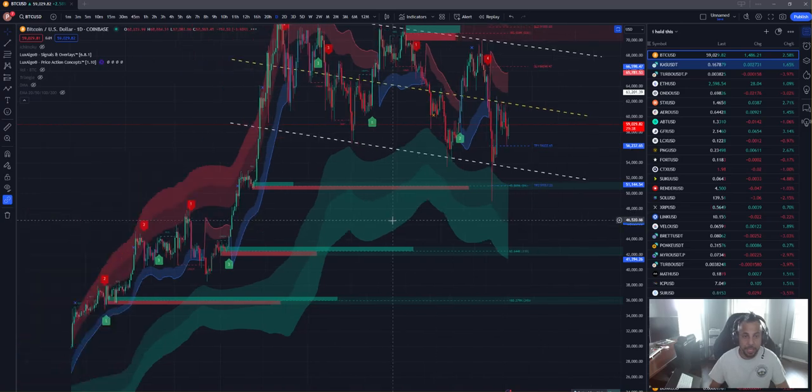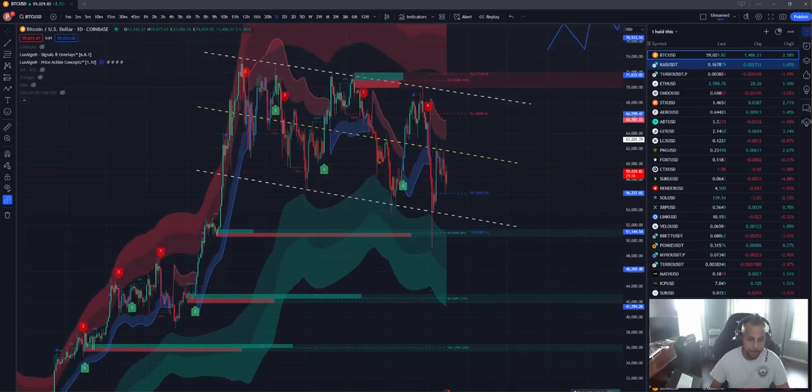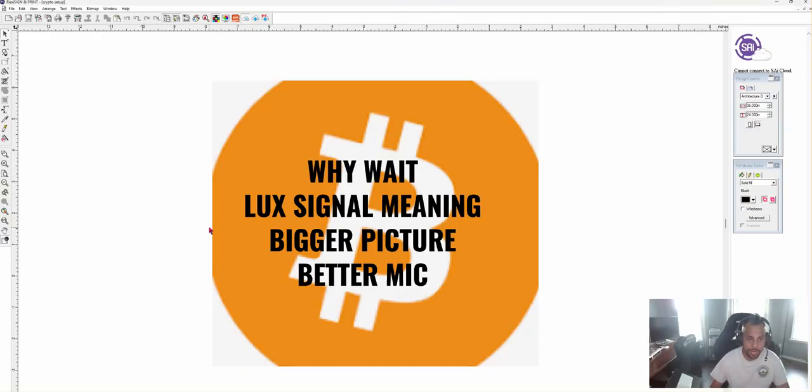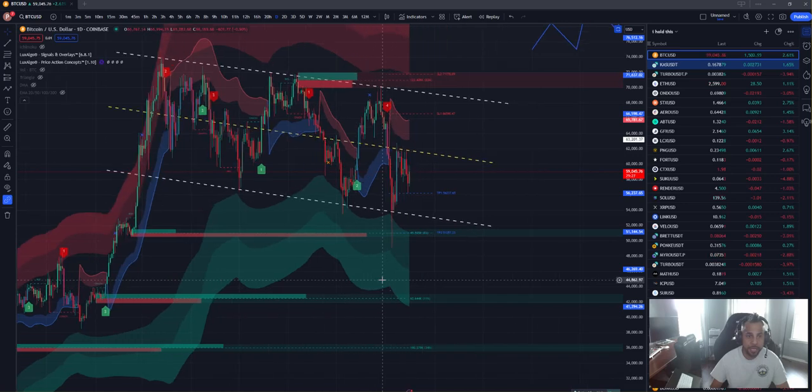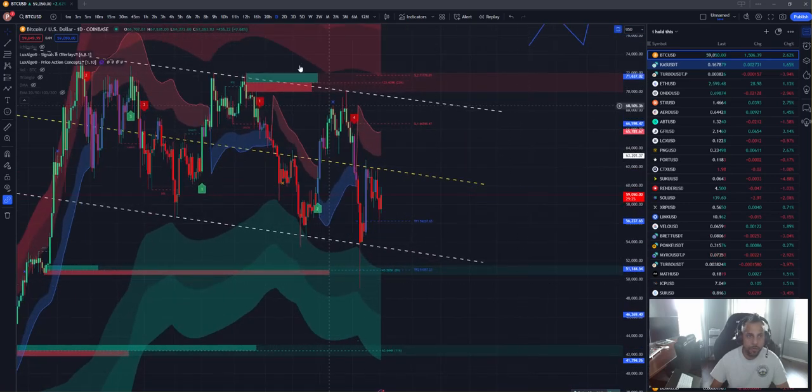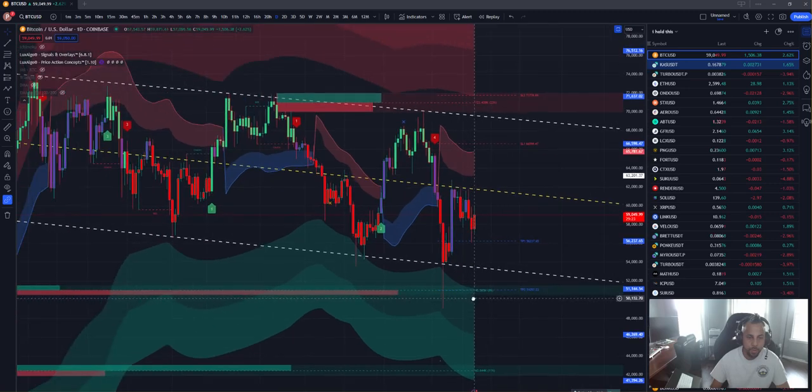So let me get rid of the line, and I'll come back to my notes. So we covered why we wait, Lux signal, we got the better mic, the bigger picture. What I'm ultimately trying to tell you guys is, this is the chart we're following. We're on the bottom zone right here. Just let it play out. When you see it go up 2, 3K, you're thinking, is the market shifting?